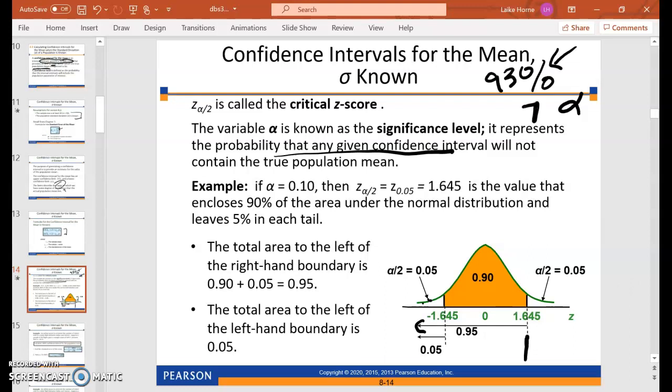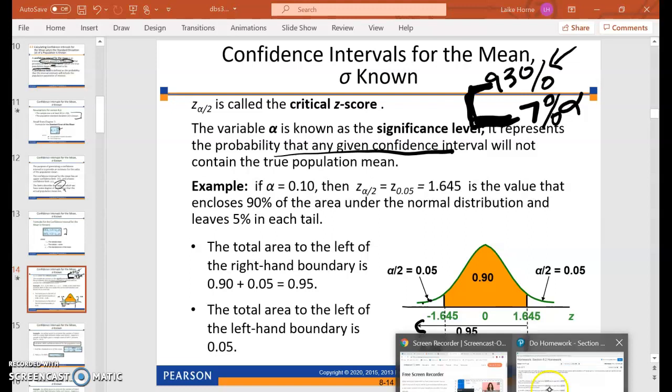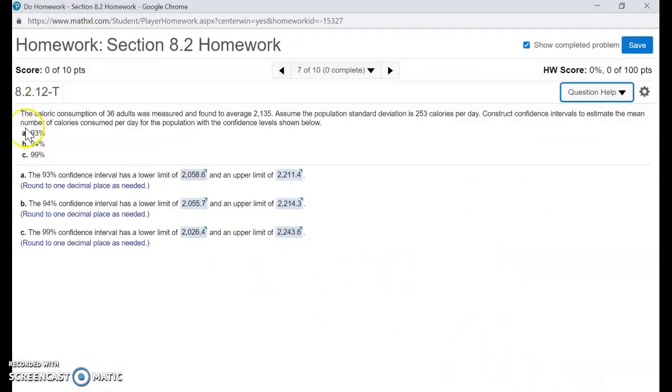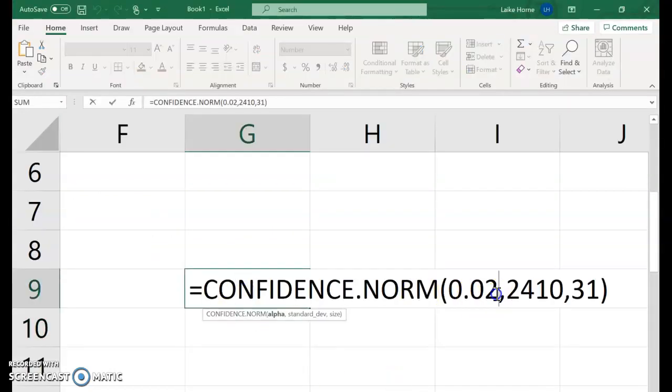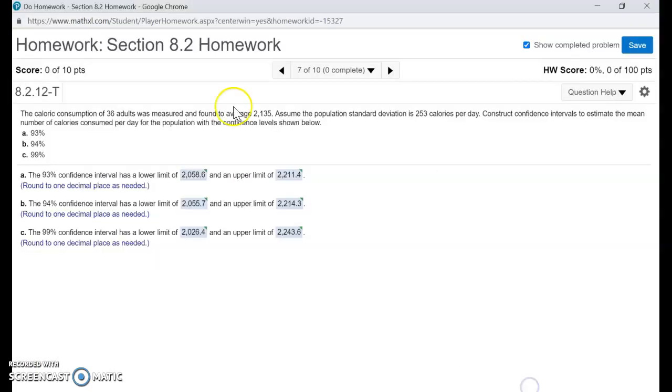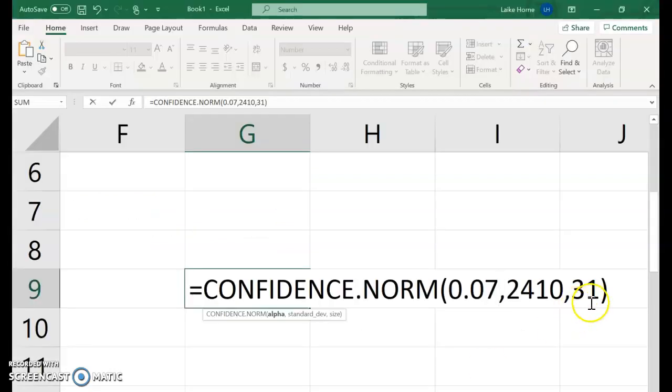Alpha is the probability that any given confidence interval will not contain the true mean. So these together should add up to 100%. Just do 100 minus 93, so that'd be 7%. So alpha is going to be 0.07 for the first one. And then your N is going to be 36 adults, so you would change 31 to 36 for your sample.